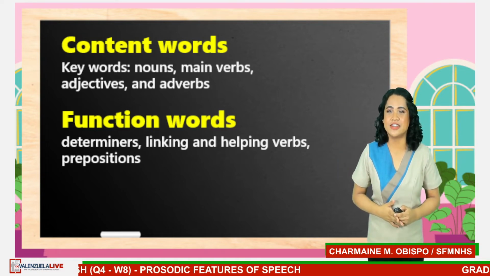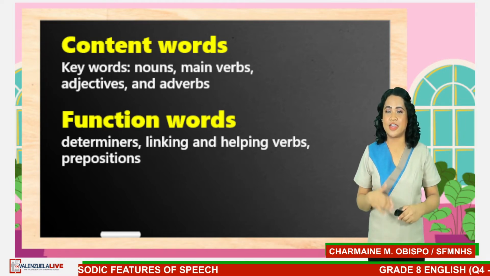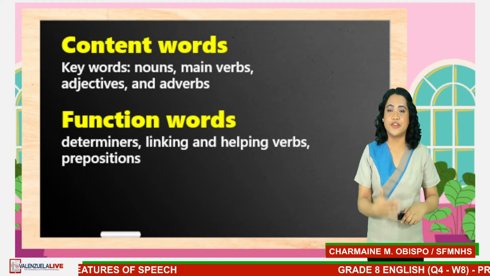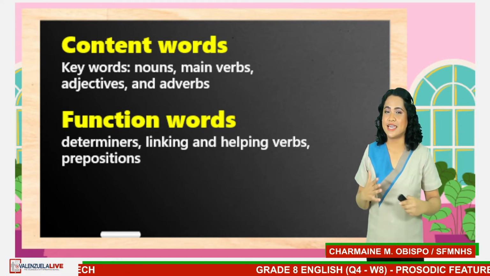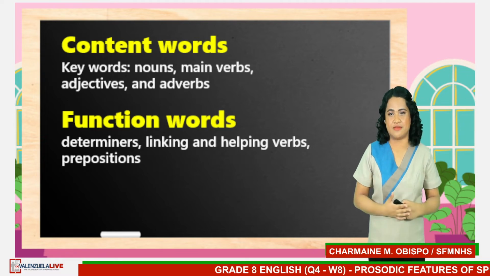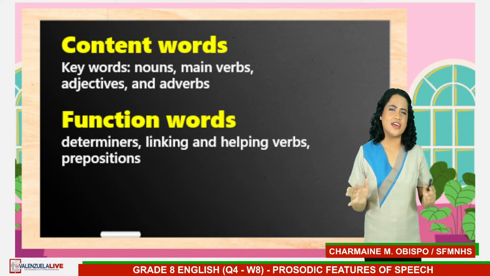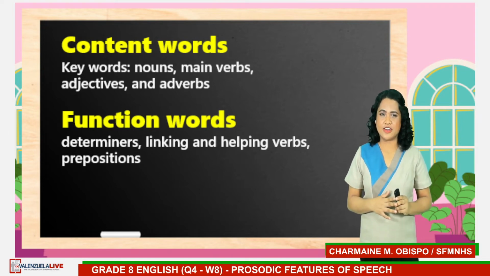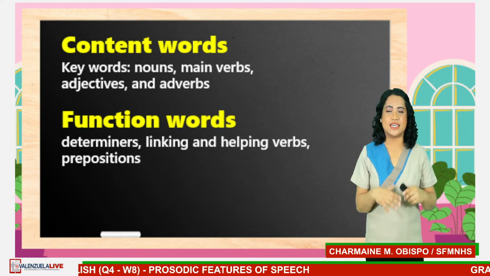Content words are the key words of a sentence. They are the important words that carry the meaning or sense, or the real content. These are nouns, main verbs, adjectives, and adverbs. Function or structure words are not very important. They are small, simple words that make the sentence grammatically correct.